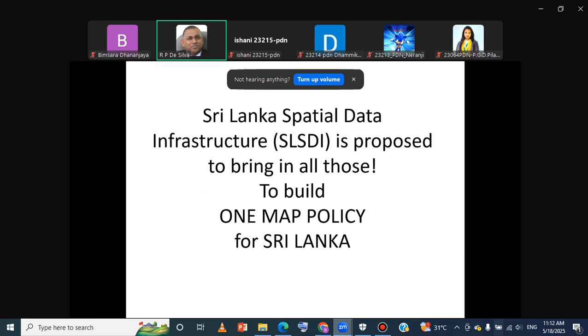So Sri Lanka spatial data infrastructure is proposed to bring in all those to build one map policy for Sri Lanka. This one map policy has different meanings.